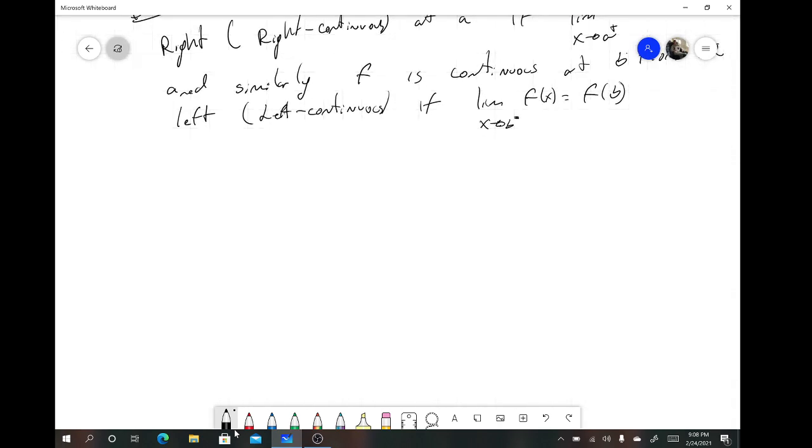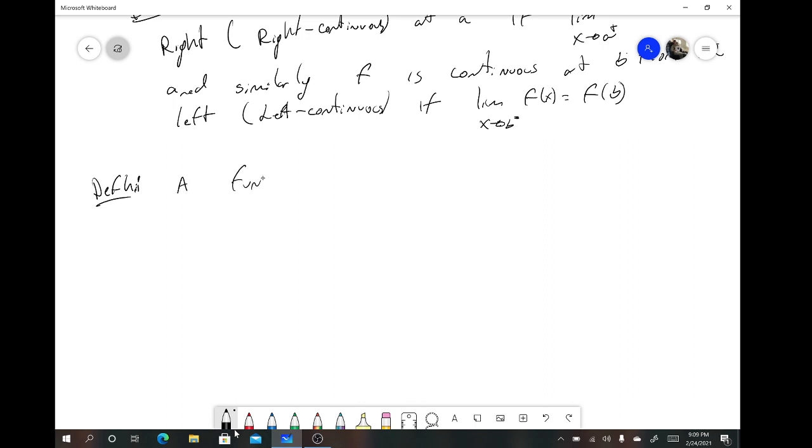Alright, so there's one more definition, and this is a very important definition that will also come into play throughout the course and in other classes that you take as well. So if you continue to study mathematics, especially as you move into analysis, this notion of continuity will become very important.